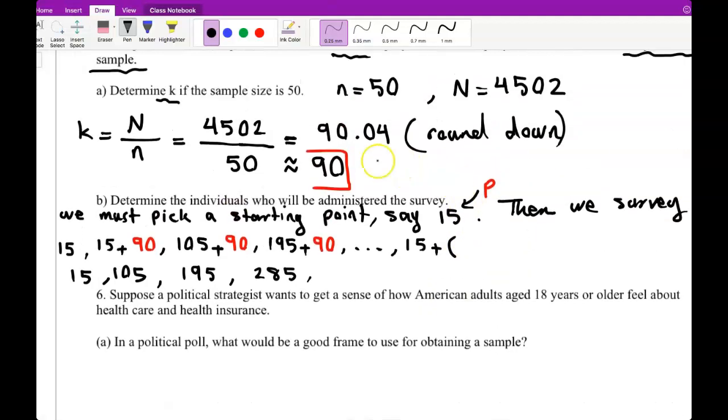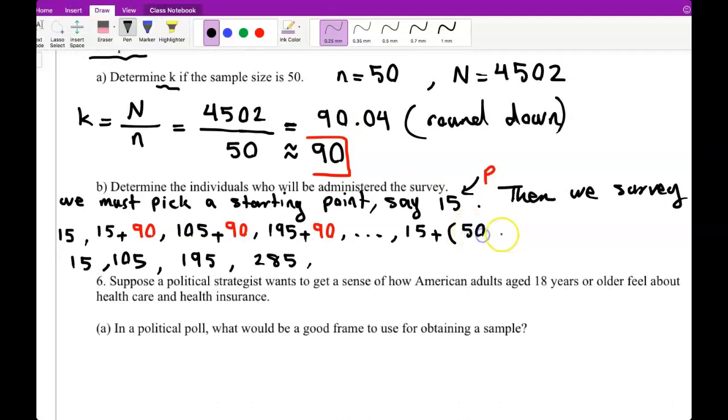And in this case, n is 50, so 50 minus 1 times k, where k is 90. Here is 49 multiplied by 90 plus 15, which is 4,425.